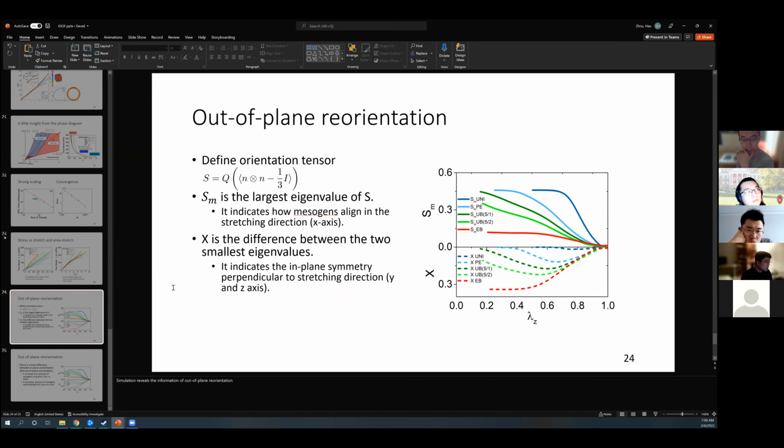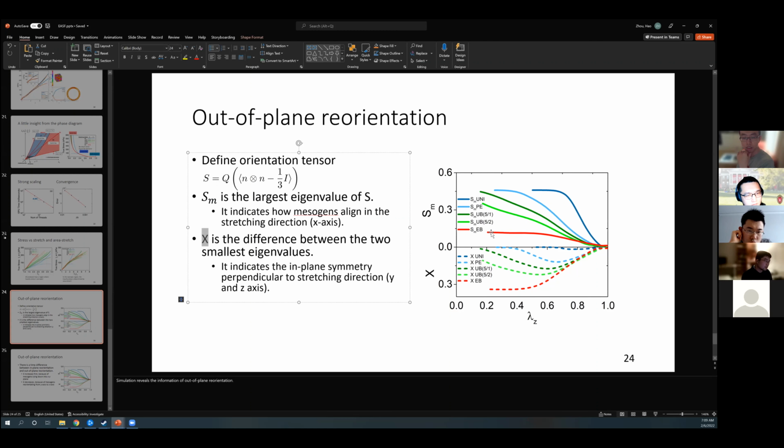Here we have some statistics about the 3D statistics of the orientation, where the S tensor is defined as this, and the S_m is basically a number that indicates how many of the molecules are orienting in the X direction, and X is the difference of the other 2 directions, that is the Y and the Z direction.